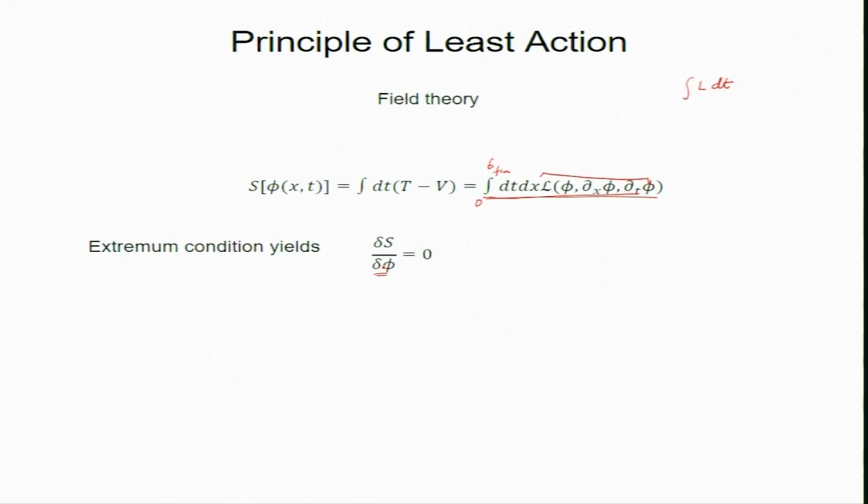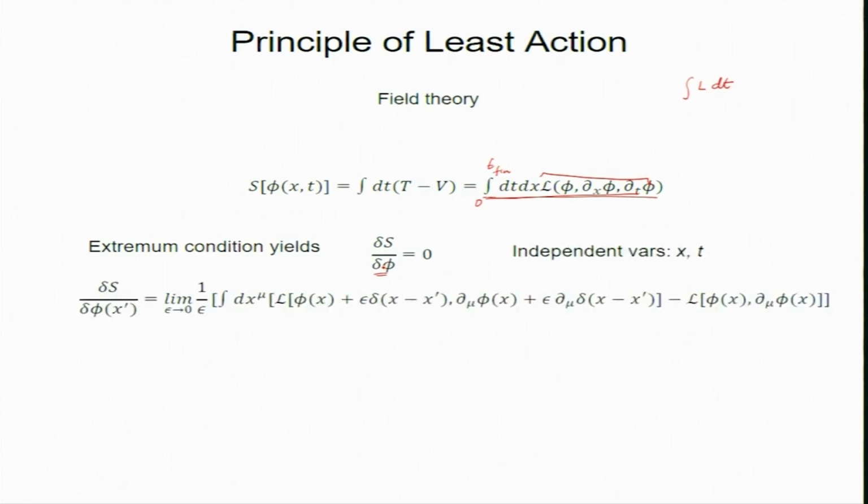If you recall how I was varying the field, let me show you that part. I am going to write dt dx as d x mu. In 1D it is dt multiplied by dx, and in 3 dimensions we have dt dx dy dz, this is our d x mu, basically inspired by relativity.